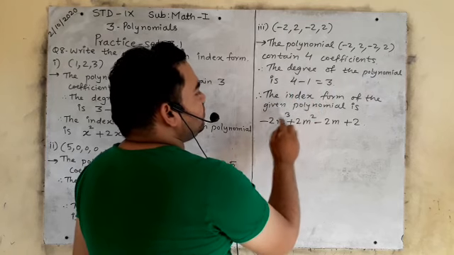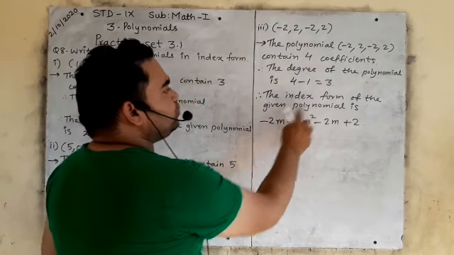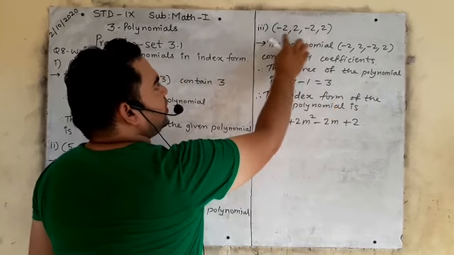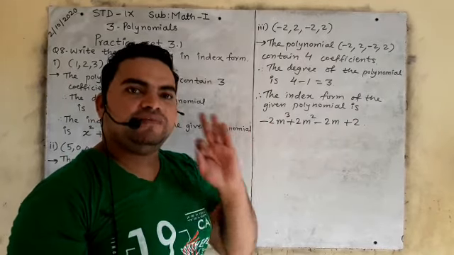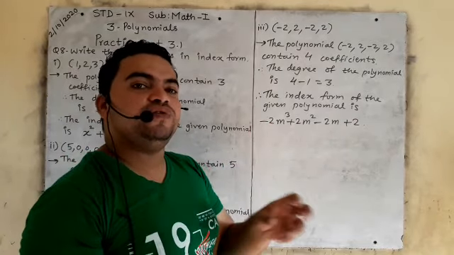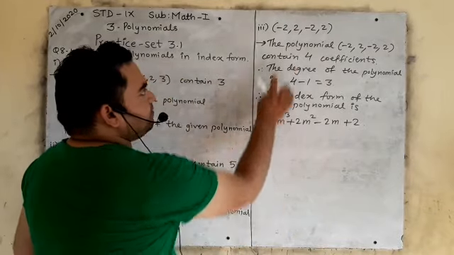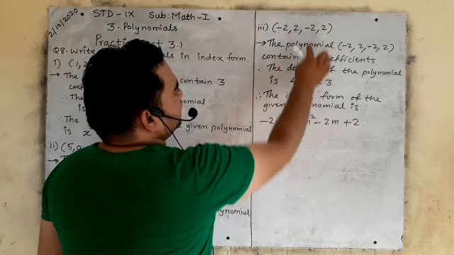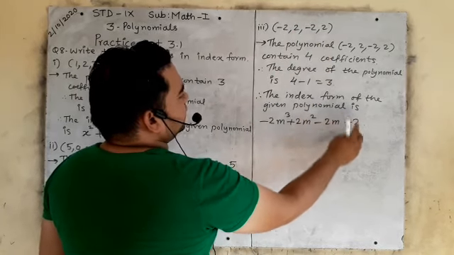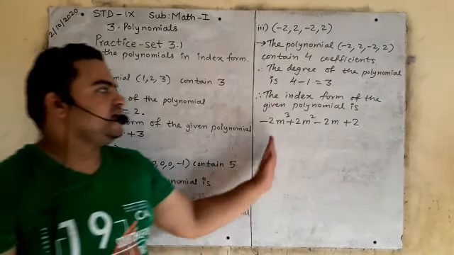Therefore the index form of the given polynomial is, see, for minus 2 I will use m, whose highest degree will be 3. There were 4 coefficients, therefore 4 minus 1 will be 3. So you will use m: minus 2 m raised to 3 plus 2 m raised to 2 minus 2 m raised to 1 plus 2. This is how we have to write the given polynomial in index form.